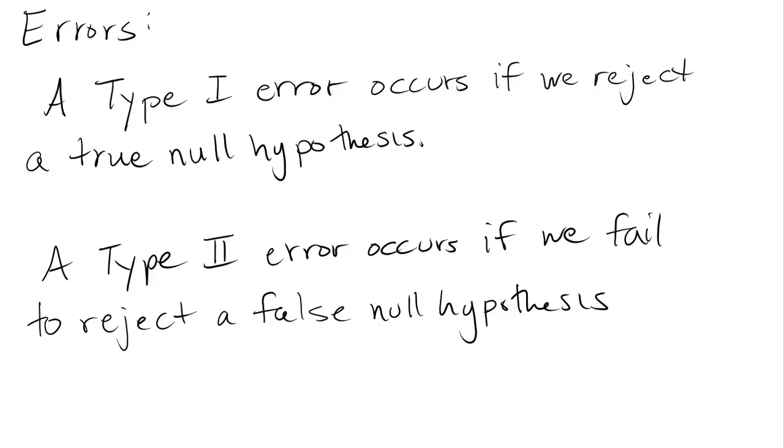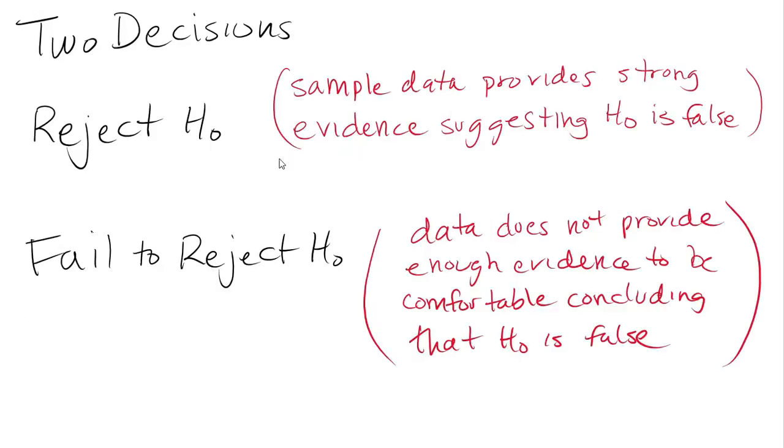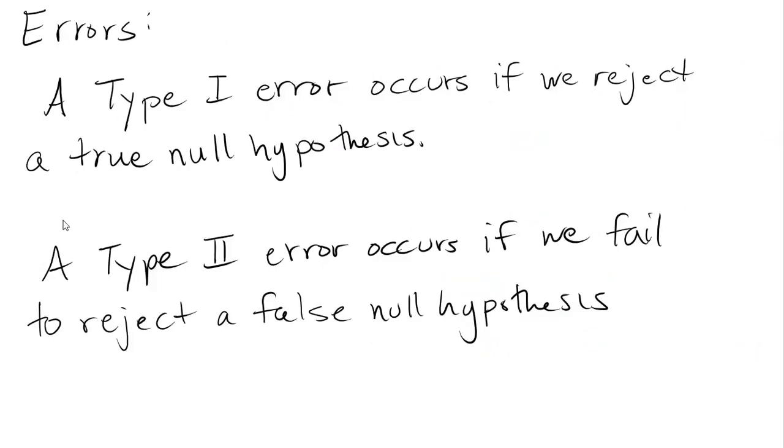When you reject the null hypothesis, you're saying that you're pretty sure that the null hypothesis is false. So if the null hypothesis is actually true and you reject it, that's an error. Rejecting a true hypothesis would be an error, a mistake. Again, not human error.